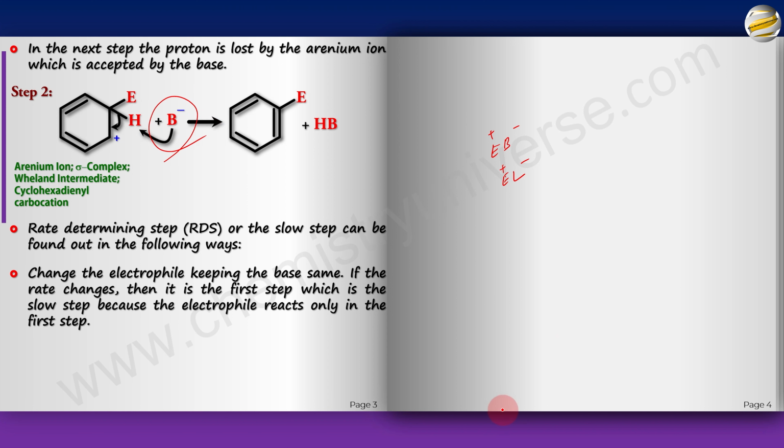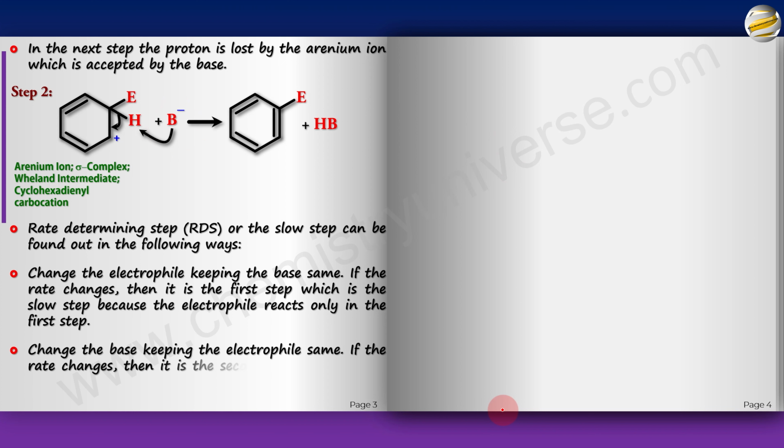So since it participates in the second step, the change in the base would affect the rate only if the second is the slow step. So change the base keeping the electrophile same. If the rate changes, then it is the second step which is the slow step, because the base reacts only in the second step. Now can you figure out two more methods?